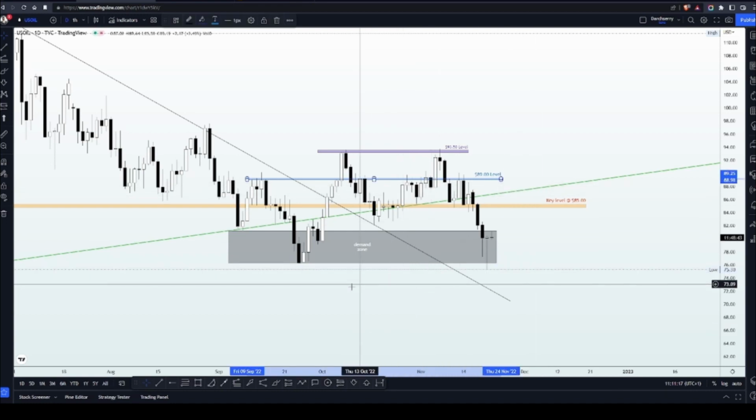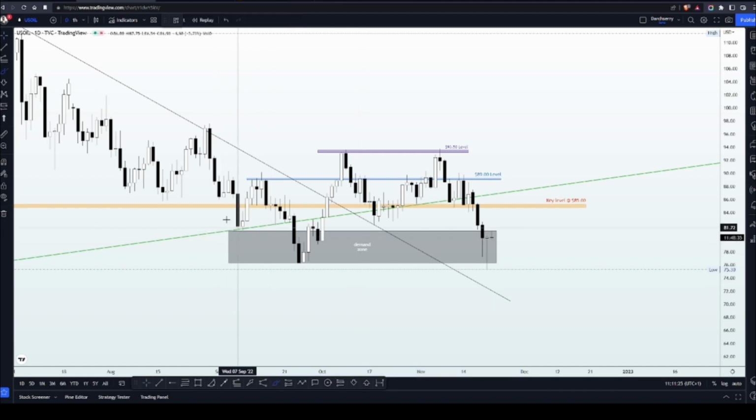We have the $85 level, which has been a major determinant of price action in the last couple of months. If we go as far back as the month of August, we saw how that level was holding buying pressure at one point in time, before buying pressure was negated by the sellers around here in the month of September, which led to a final breakdown of the $85 level.